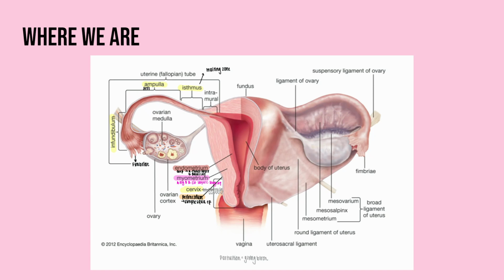This release of these hormones acts to inhibit the hypothalamus and anterior pituitary glands. So we're inhibiting GnRH release and FSH release. We're inhibiting the formation of a follicle right now because we're forming the corpus luteum.